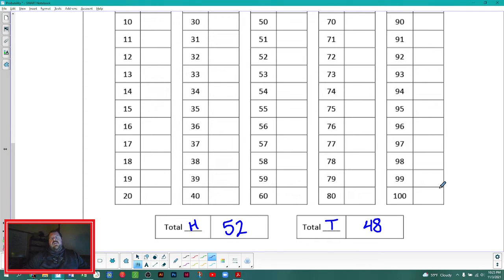I mean, I had somebody in class get like 65 and 35 or something like that, which is very much skewed, but it can happen, right? Eventually, somebody could flip 100 heads in a row. Probably not going to happen, but it could, because every single time there's what we consider to be a 50-50 chance of getting either one.